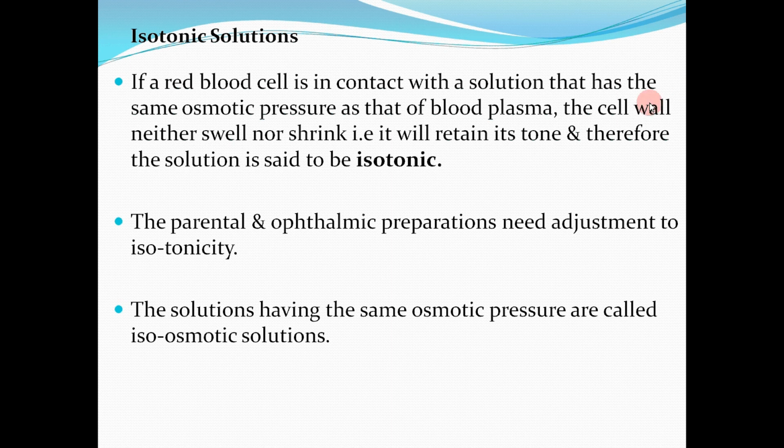The parenteral and ophthalmic preparations need adjustment to isotonicity, meaning they have the same concentration as the body fluids. The solution having the same osmotic pressure is called an isoosmotic solution.